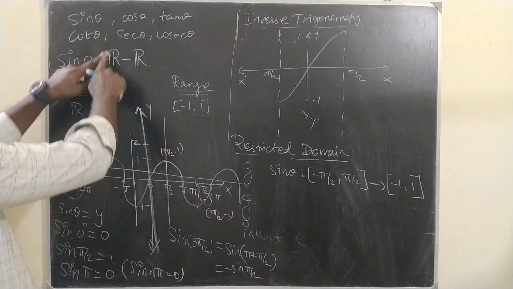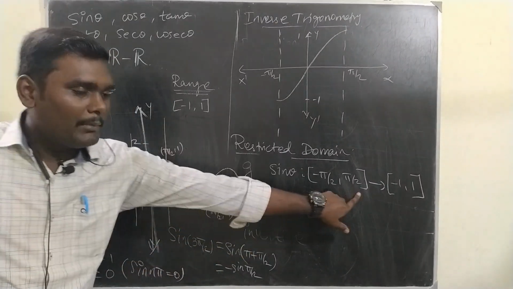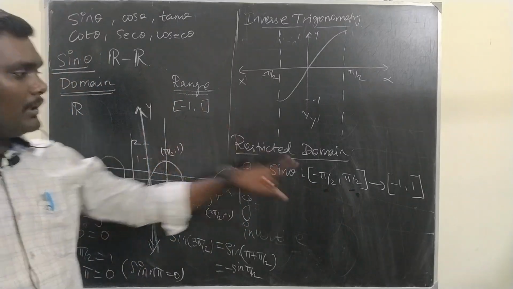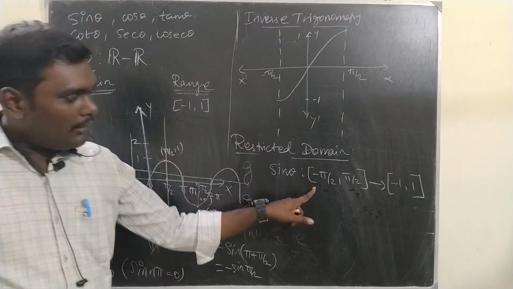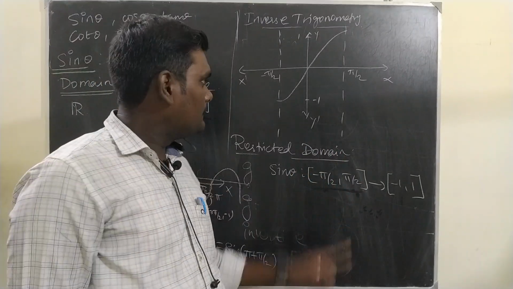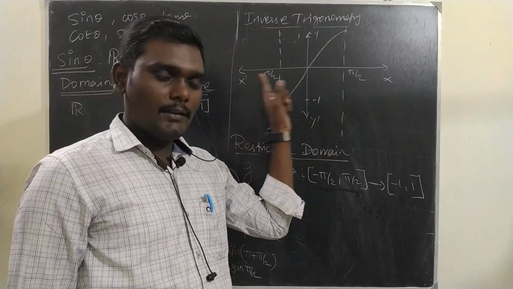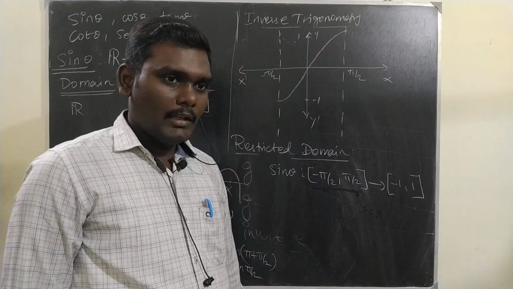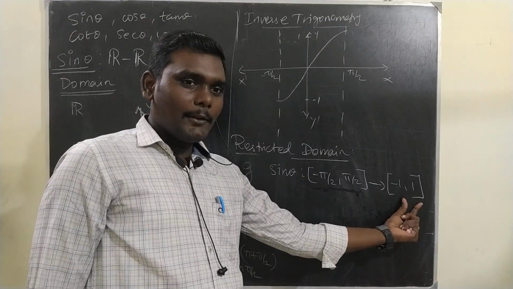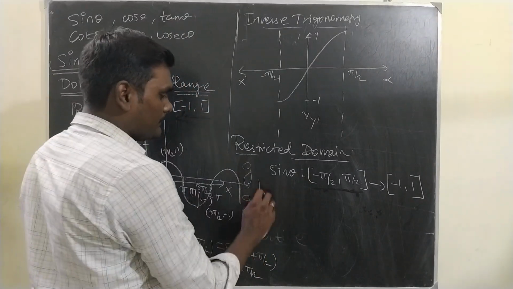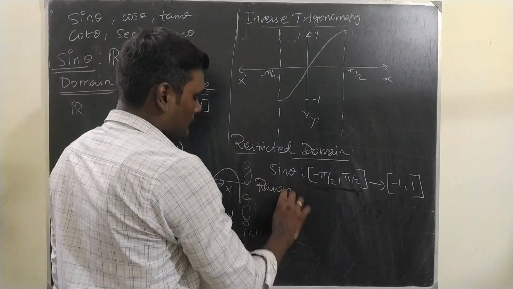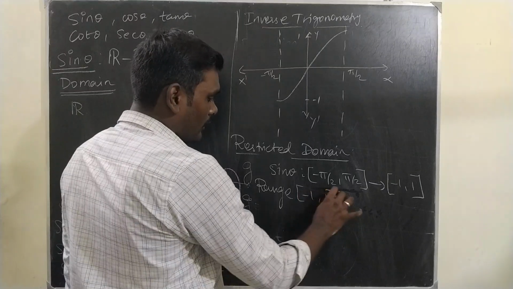Now I am cutting the real numbers into a particular interval, so that all the elements will be mapped, is it or not? All the elements as images. Also I restricted the codomain. Look at the range. What is the range of this function? Negative 1 to positive 1.